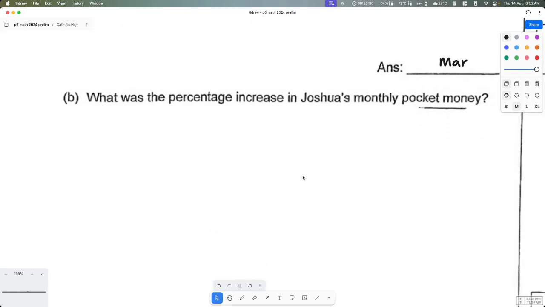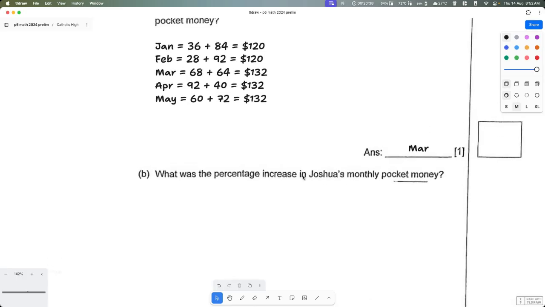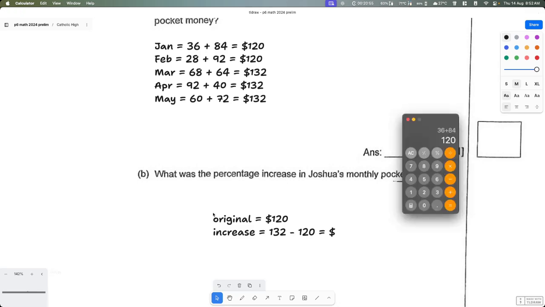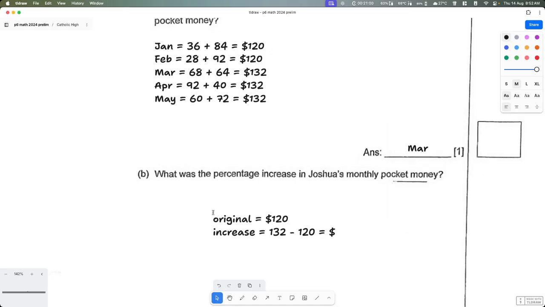Part B. What was the percentage increase in Joshua's monthly pocket money? We have our original, which is $120. The increase is basically 132 minus 120, you can use your calculator, which is $12.